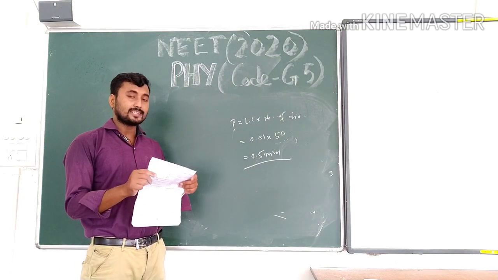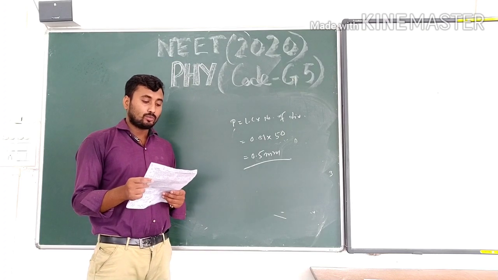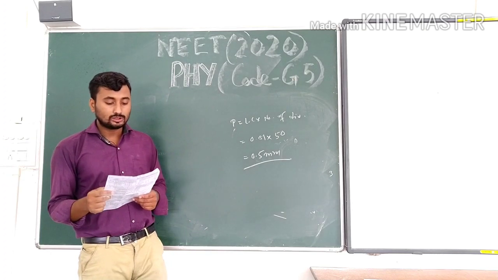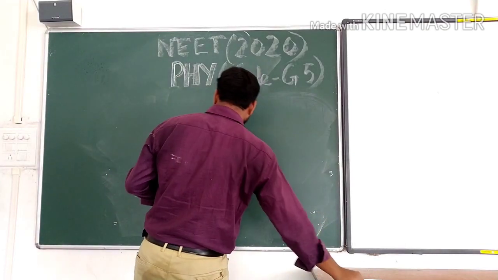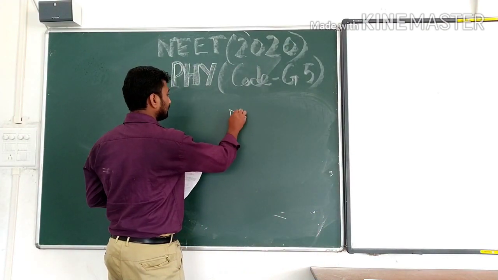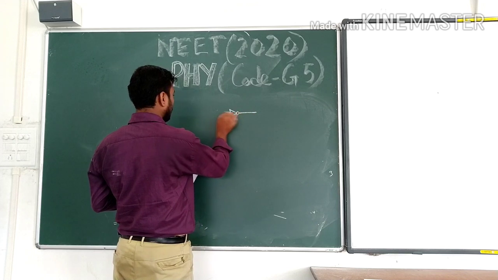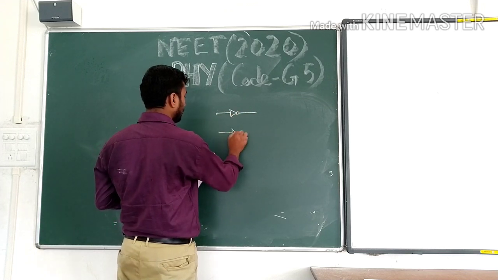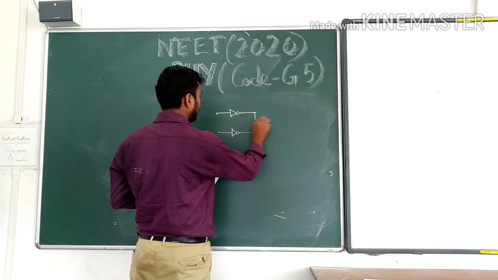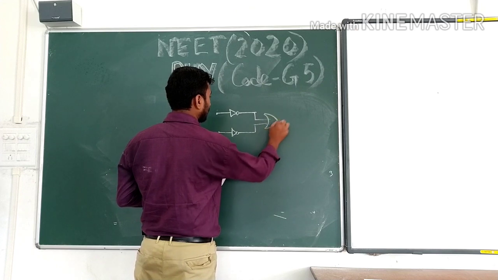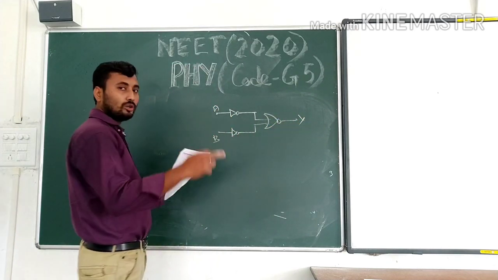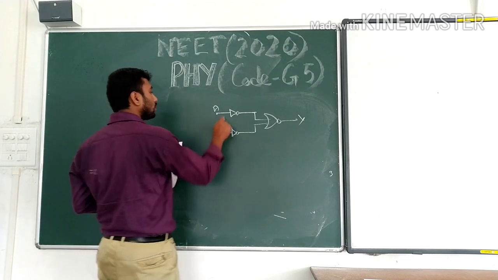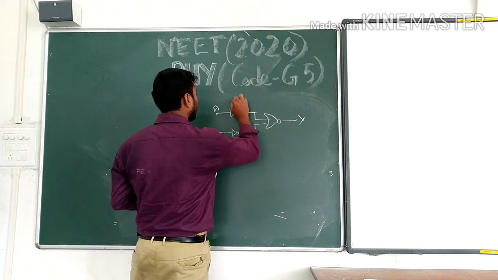Next question, 177. For the logic circuit shown, the truth table is. The logic circuit is this one. I solve it easily, okay? This is NOT here and this is NOT here.